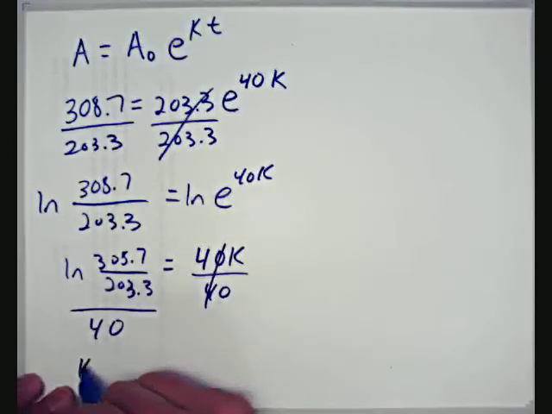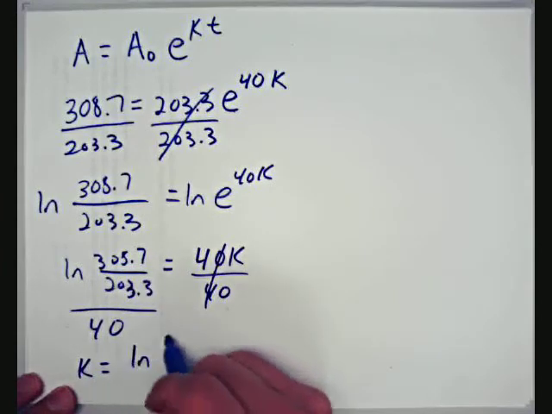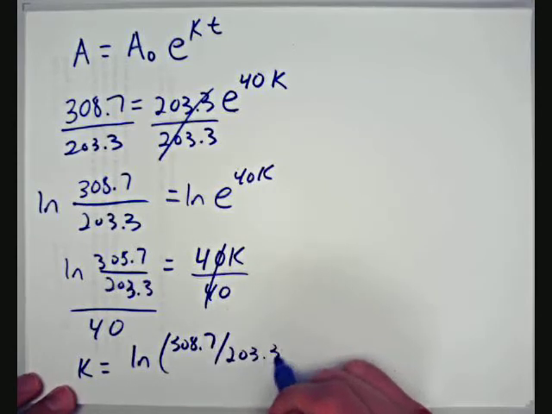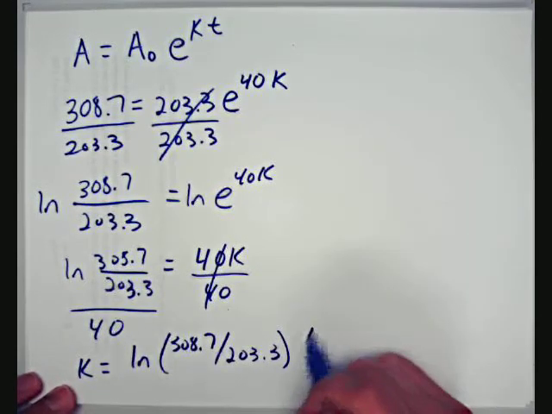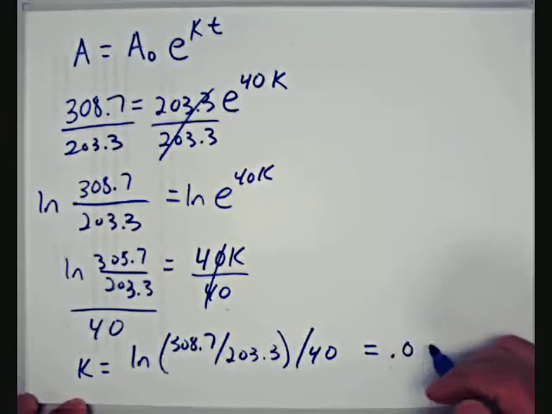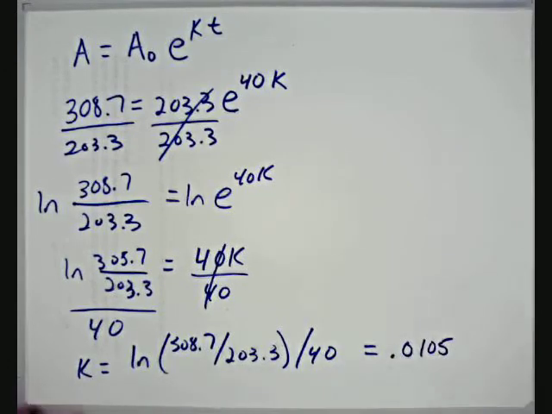And so now k equals the natural log of 308.7 divided by 203.3, divided by 40. If you type that into your calculator, just like I have written, natural log of 308.7 divided by 203.3, close parentheses, divided by 40, you'll get for an exponential growth rate 0.0105.